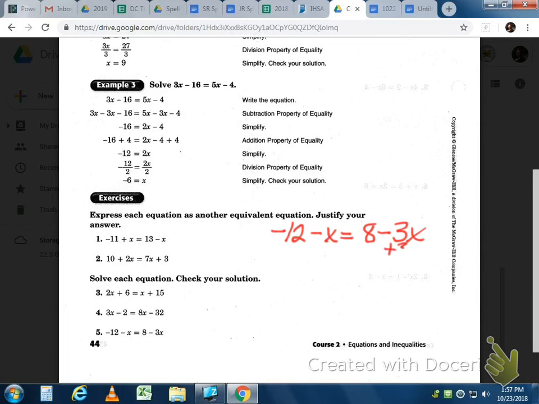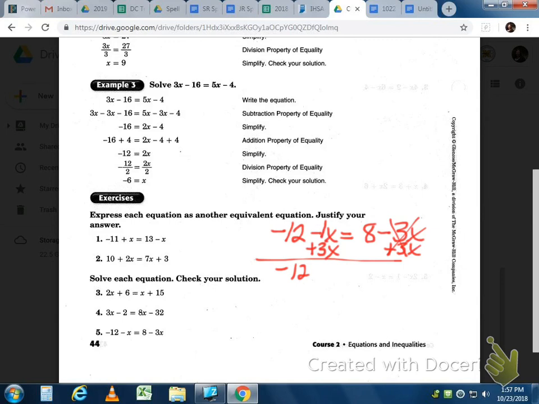Add 3x. Okay, now these two cancel out. What's left down below the line? Left to right, what do I bring down? Negative 12. Now this is negative 1x plus 3x.